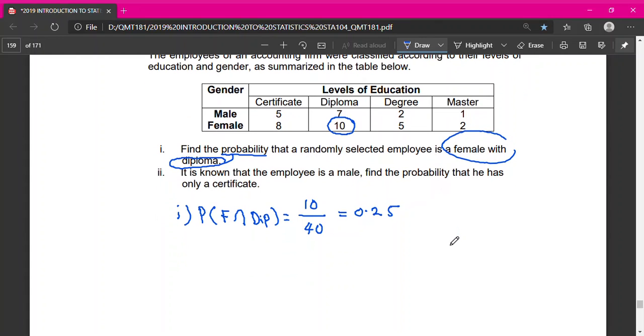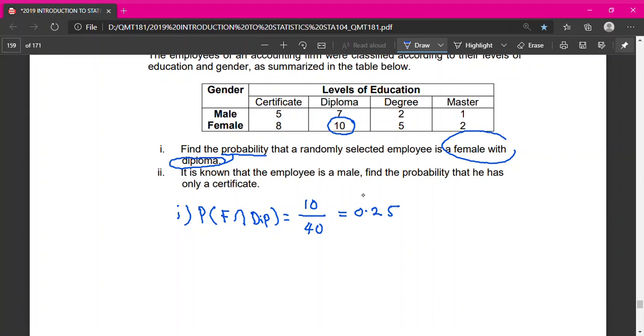So, kalau kat sini contohnya dia nak didapatkan probability the selected employee is female ataupun male with certificate level of education, it will be 5 divide dengan 40. Kalau dia nak cari probability of female employee, maksudnya dia tak bagi tahu female tu certificate ke diploma ke degree ataupun master, so kena total up semua sekali female bahagi dengan bilangan of all of the employee, which is 40.